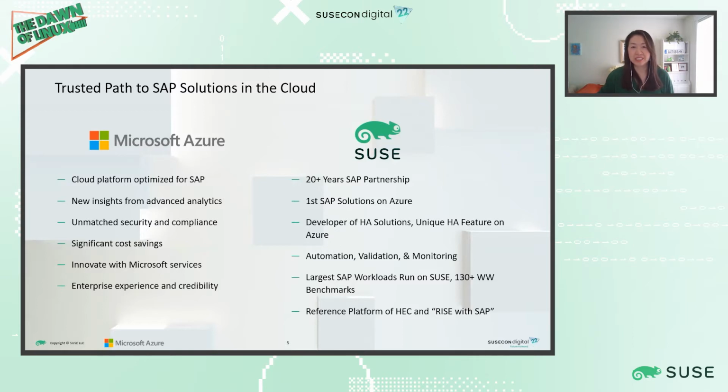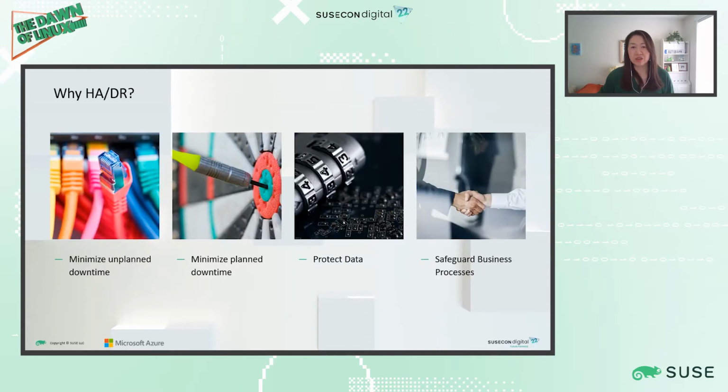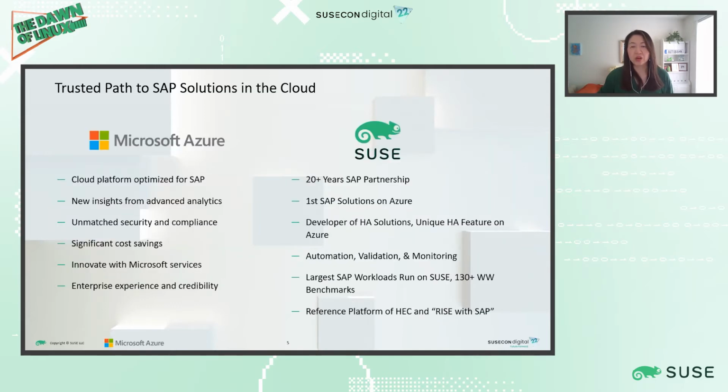SUSE also provides solutions to automate, validate, and monitor the SAP landscape. SUSE has the largest SAP workload with over 130 worldwide benchmarks. And SUSE is also the reference platform for SAP HANA and RISE with SAP.